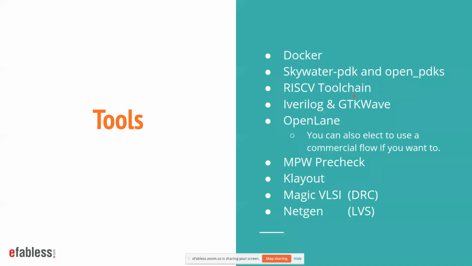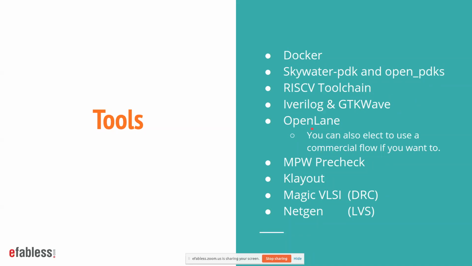And you will also need to have the RISC-V toolchain and iVerilog and GTK Wave installed. This is to run the full chip simulation with Caravel. And we also provide a Dockerized version for these, so you don't need to worry about installing them locally on your machine.